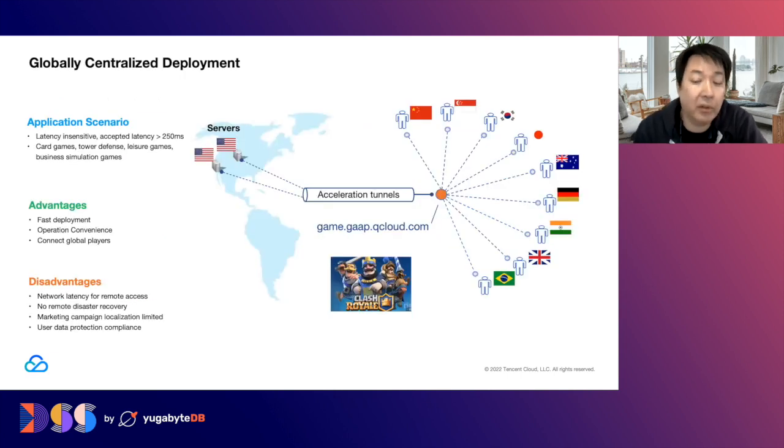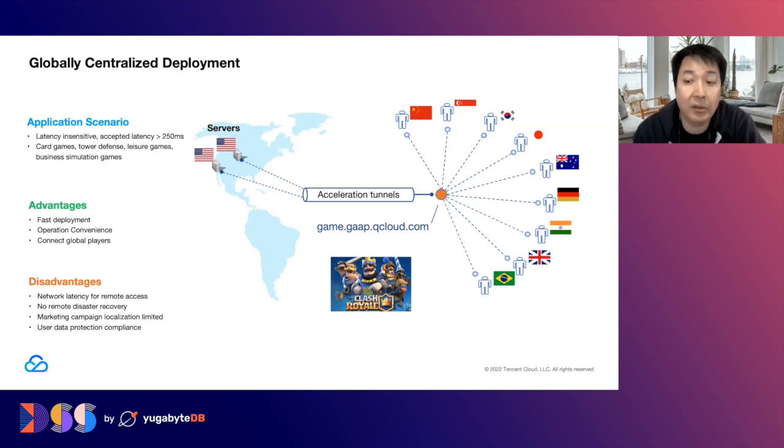The global centralized deployment allows for global access with infrastructure deployed in one region, serving global players. You can have acceleration tunnels that can interlink you to any region in the world. This is showing GAAP, which is a Global Applications Acceleration Platform, which is one of the services offered by Tencent Cloud.